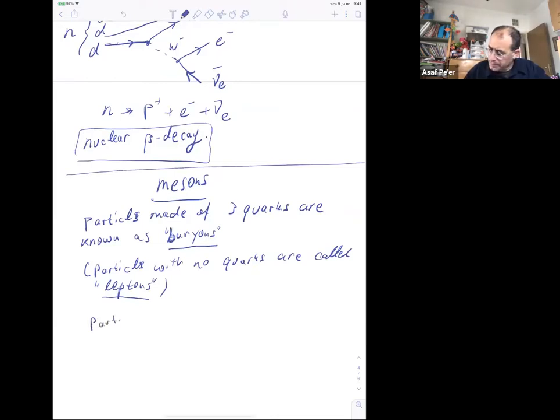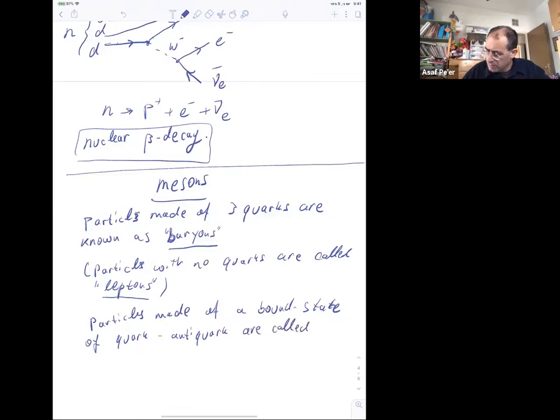Particles made of a bound state of quark and antiquark are called mesons.